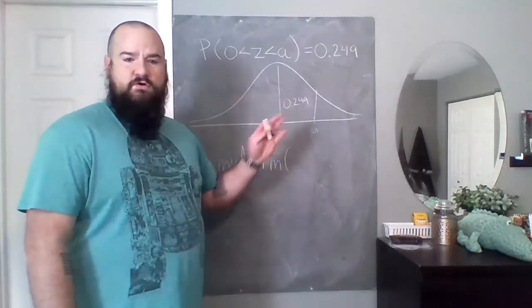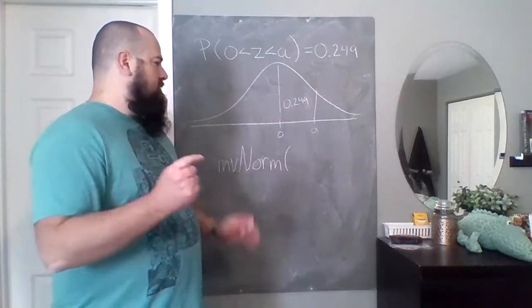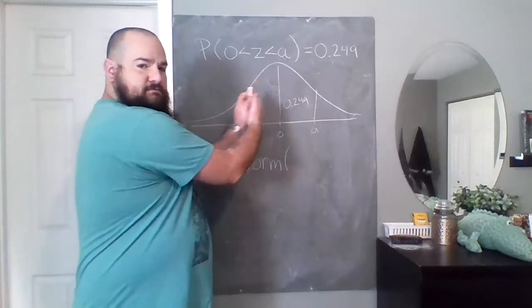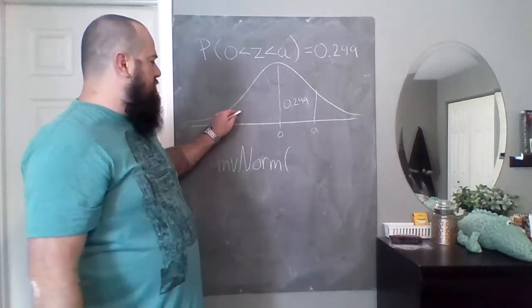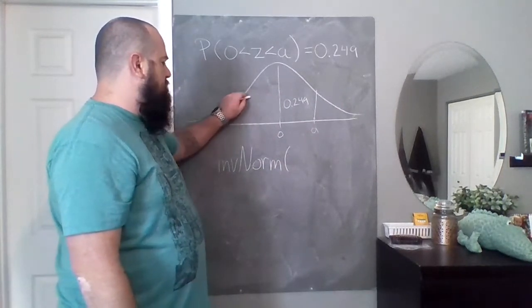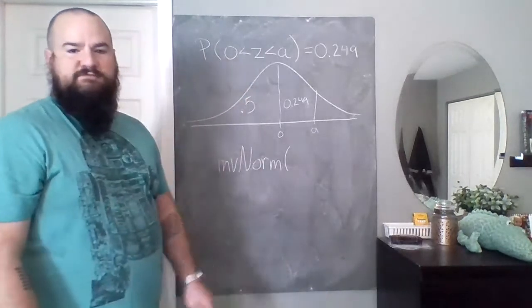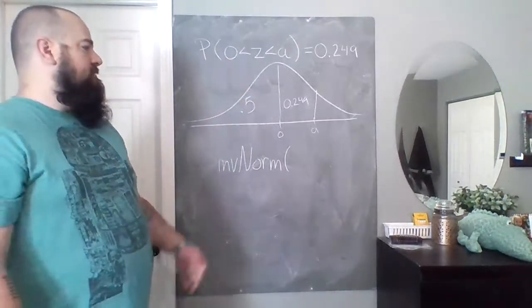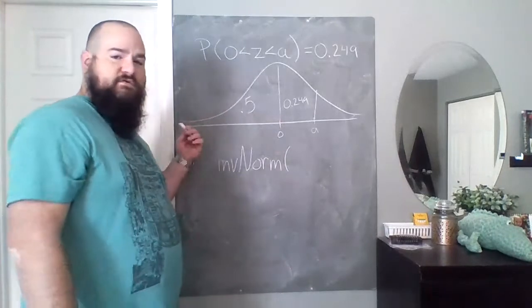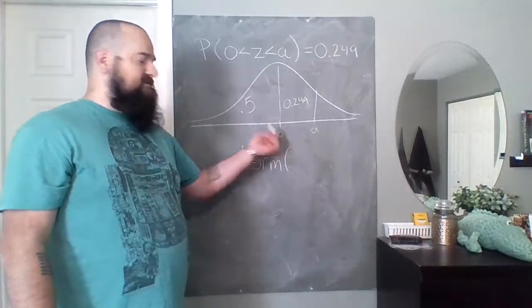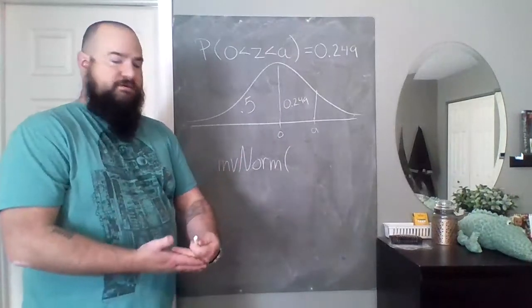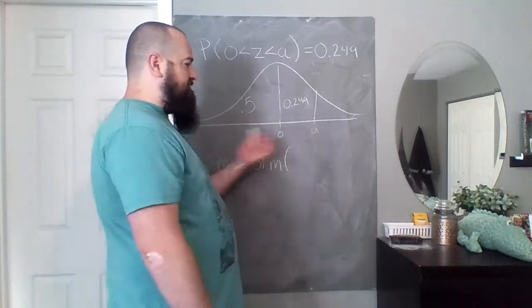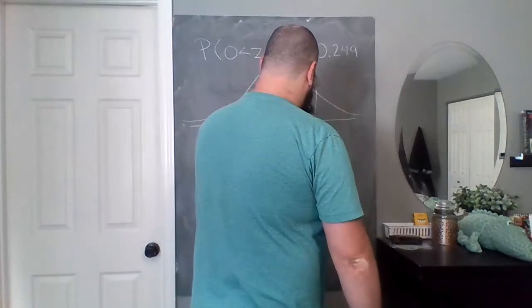So if the area under the whole curve is 1, and we can split it evenly at 0, that means over here there must be an area of 0.5. So from 0 over is 0.5, and from a to 0 is 0.249. So we can just add those two numbers together and we get an area to the left of a of 0.749.